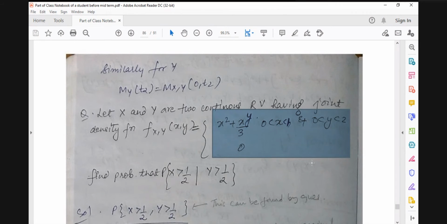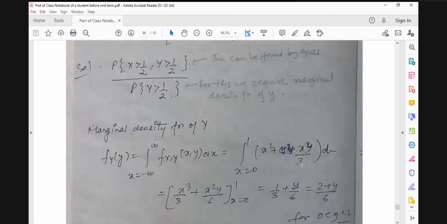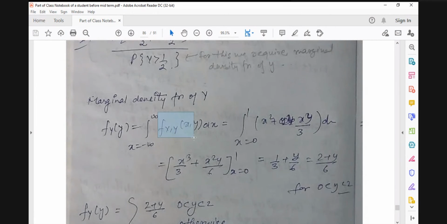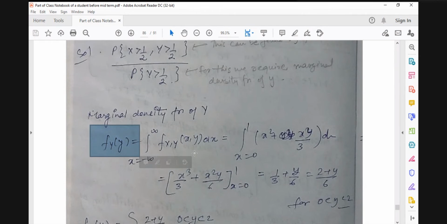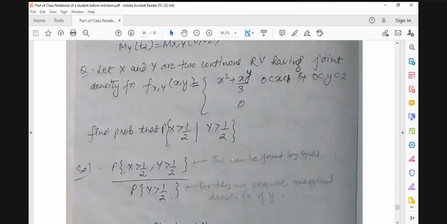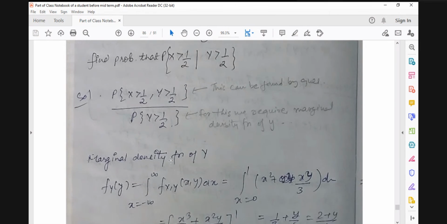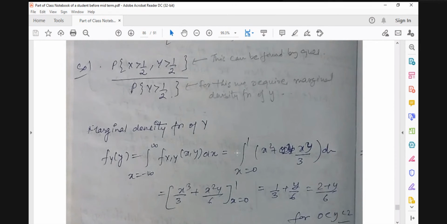Then we will get the marginal density function of Y. You can see this is the joint density function of X and Y, and we are integrating within the domain minus infinity to plus infinity with respect to the variable x, and we will get the marginal of Y. And as per the definition, if x lies between 0 to 1, then only it has some value, otherwise this is 0. So this minus infinity to plus infinity is actually limited to only 0 to 1. For the other domain, the definition of this is 0.